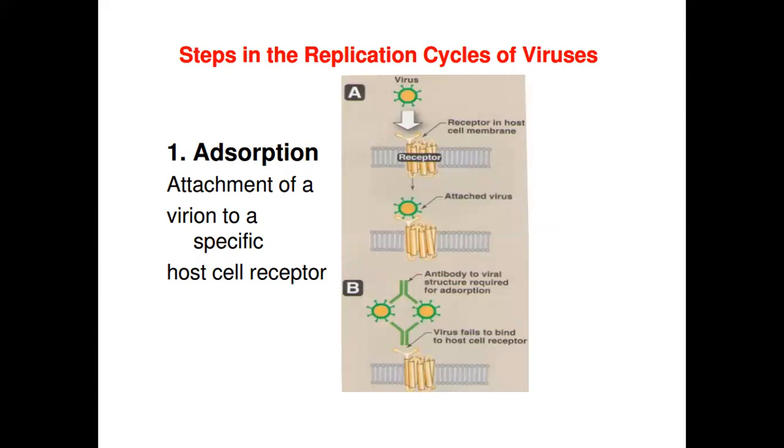It can interact only with one type of receptors, and this explains why viruses can damage one type of tissue. For example, we have respiratory tropic viruses, enterotropic viruses, neurotropic viruses, and hepatotropic viruses.